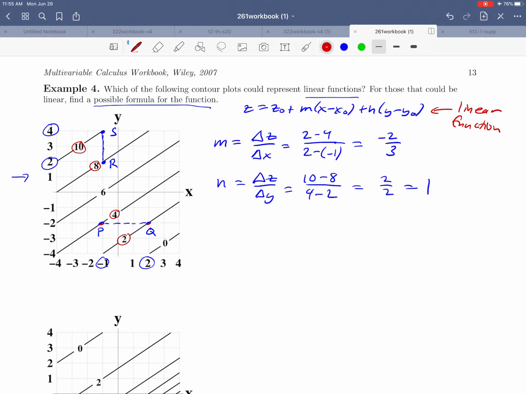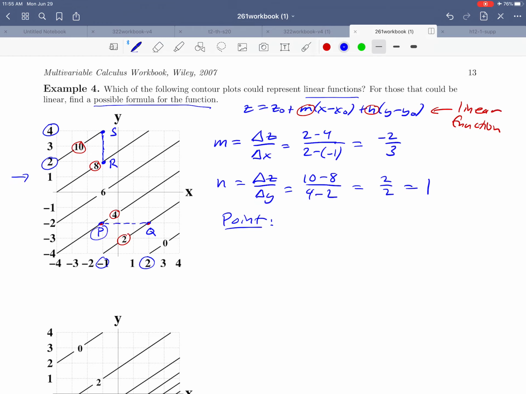So far what we've got is a value for m and a value for n. The missing piece here is a point on this linear function. All we need is one point. We've written down P, Q, R, and S, so let's just pick one. How about if we stick with P?